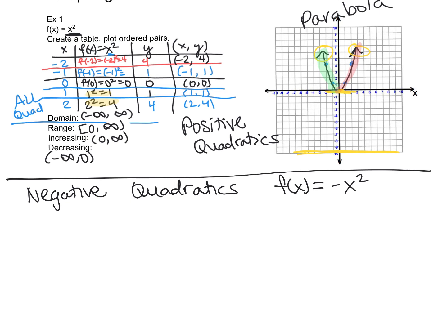But if I have a negative x squared, what it does is it takes this graph and it flips it over, so it kind of looks like that. So I just want to sketch that for you, that it would take this graph up here, if you can imagine just taking that and flipping it over the x-axis, it would look like that. So that's what a negative quadratic looks like. So we've got a positive quadratic, we can have a negative quadratic.